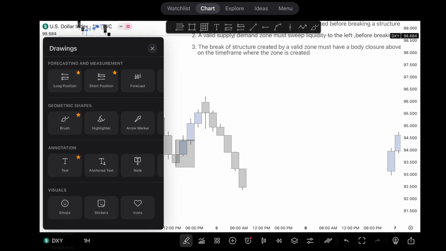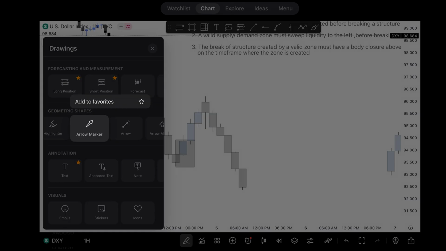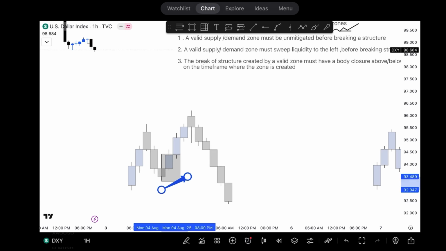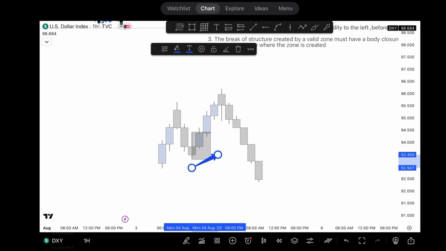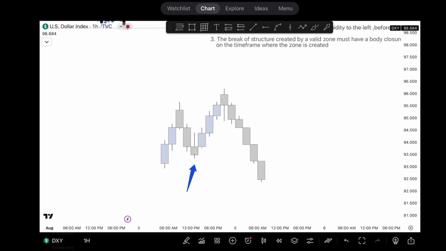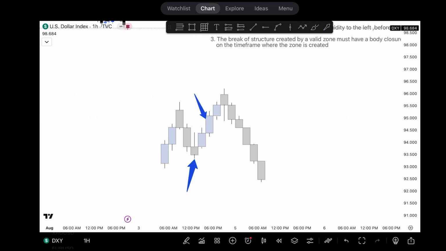Let me use an arrow. Okay, good. This particular candle right here has been mitigated by this one right here.